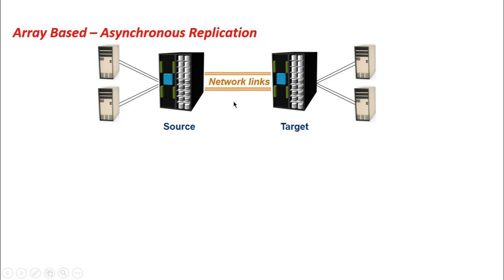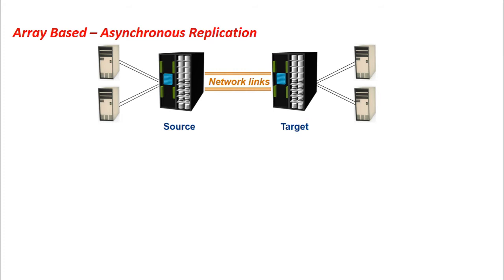The source and the target devices do not contain identical data at all times. The data on the target device is behind that of the source, so the recovery point objective in this case is not 0. The RPO cannot be expected to be 0 because the data is buffered at the source and then transmitted to the target site later.